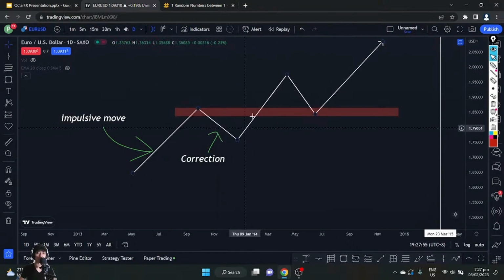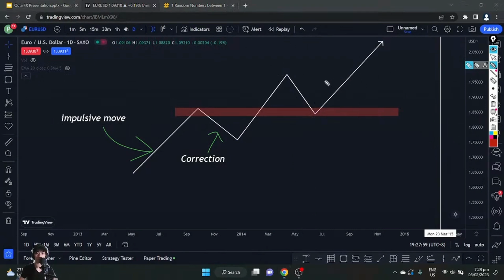This is our second impulsive move. This is our second correction. And then this right here is our third impulsive move. If the price made another pullback, that's our next correction move.